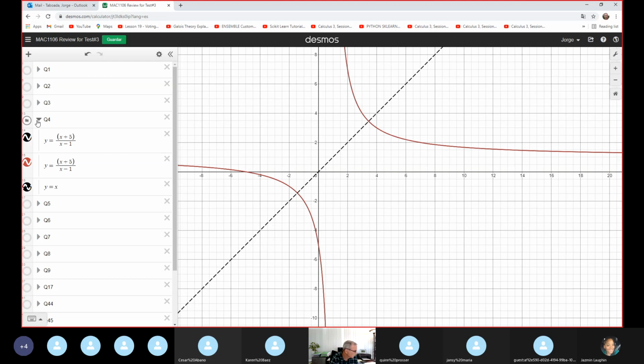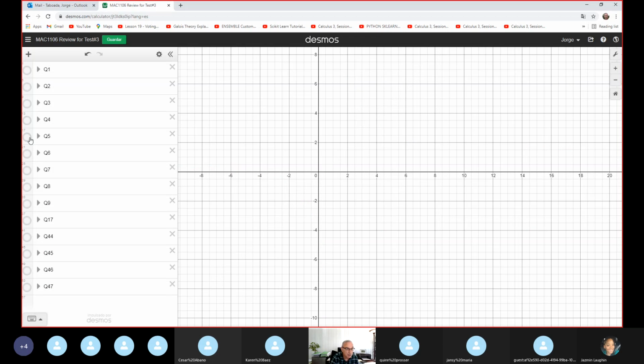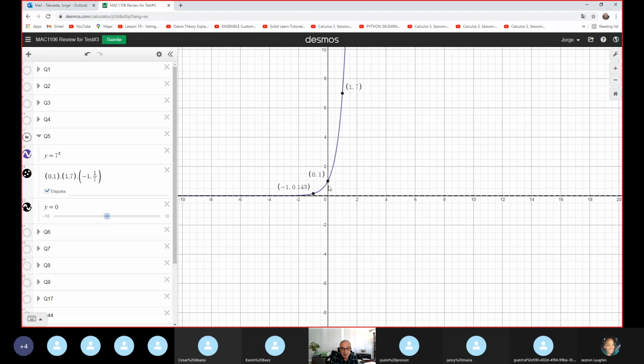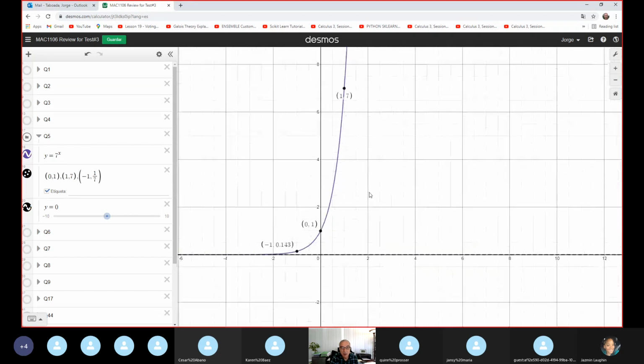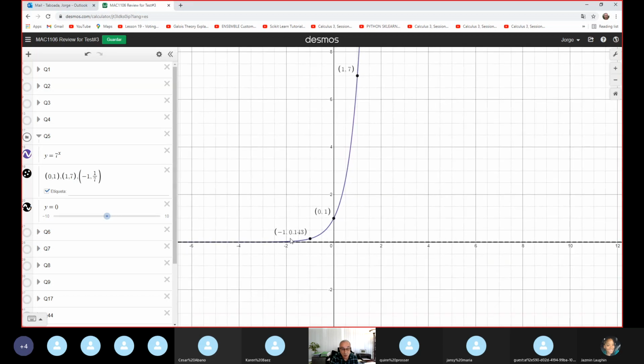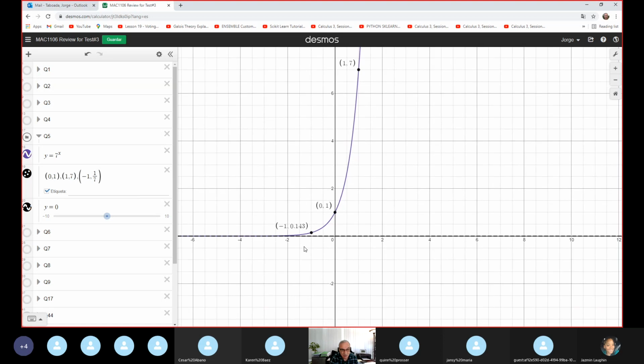Okay, it's question 5, no? Question 5 is the classical exponential. Look. Okay, and the typical points are 0,1. Look at that. 1,7 because the base is 7. And negative 1, 1 over 7. Okay, put it here like a fraction. You see it here in decimal. Super easy. Do the graph of any exponential. Do you see or no?